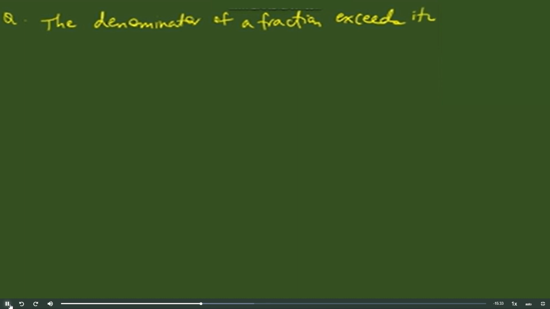Let us take a classic example. Okay, take down the example. The denominator of a fraction exceeds its numerator by 5.